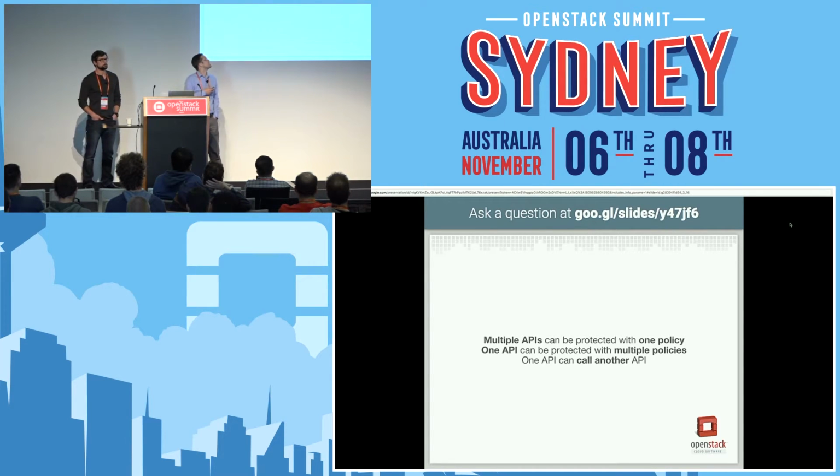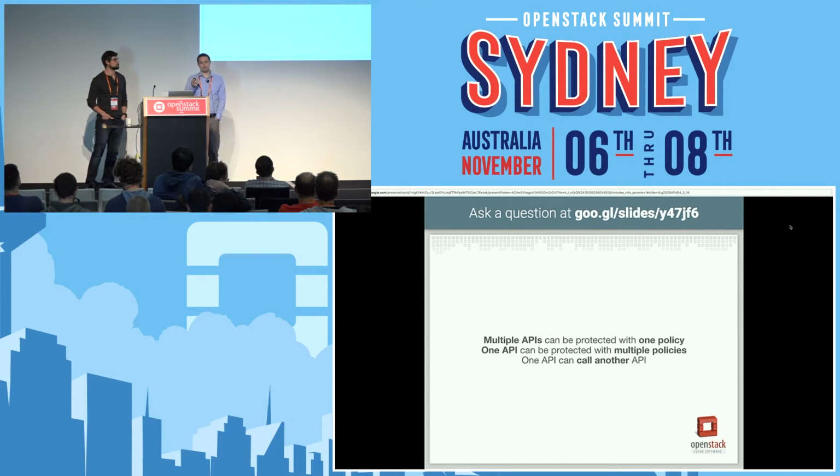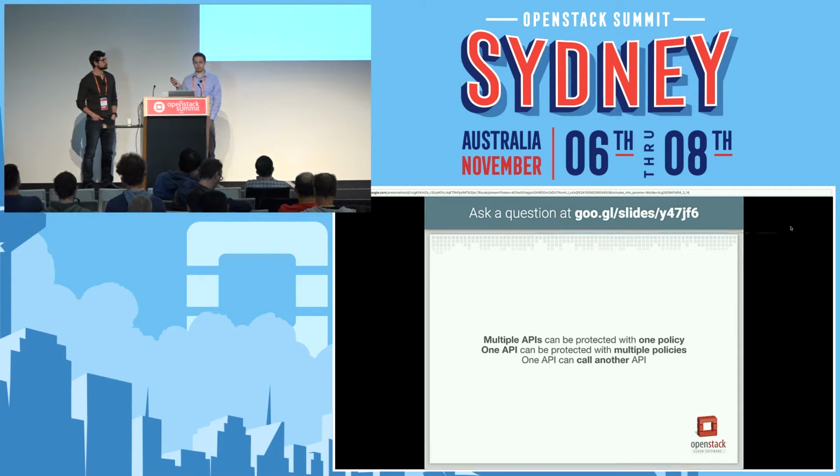Some things to be aware of here is that multiple APIs can be protected with one policy, and it's true in reverse as well. So I could have a policy rule that is used for any access to security groups, for instance.